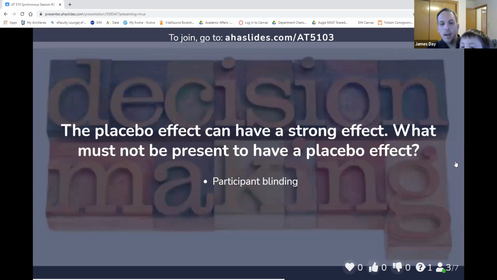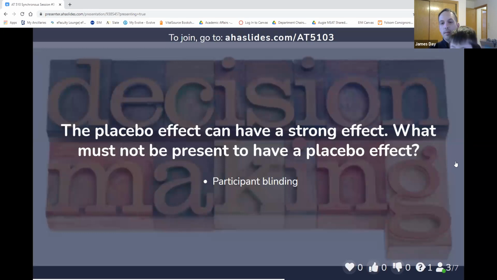So when we look at placebo effect, the specific component of control to avoid placebo effects is blinding, specifically of the participants. So there's three levels of blinding, right? Participant blinding, researcher blinding, and allocation or assessment blinding.